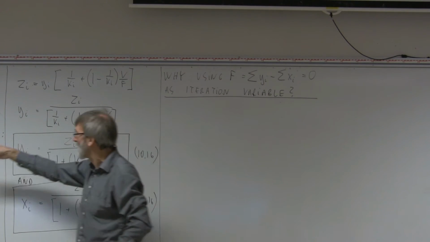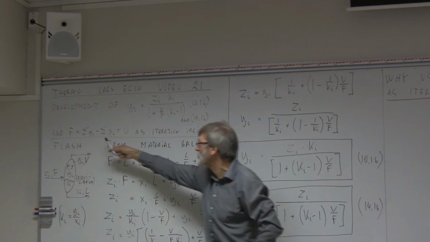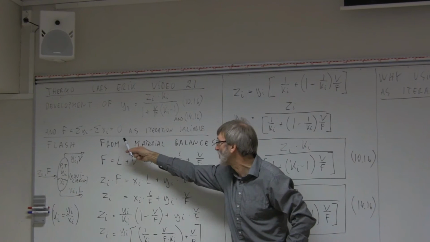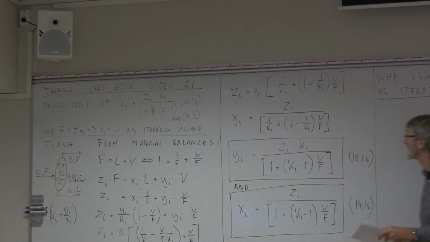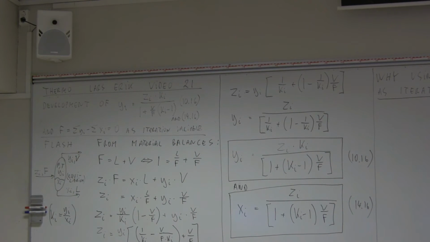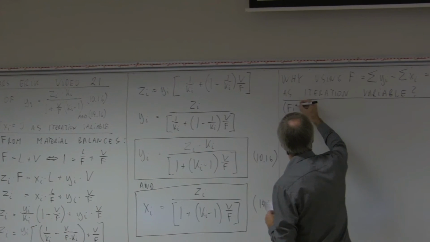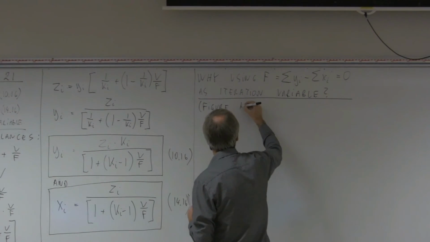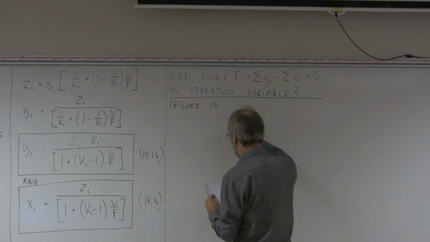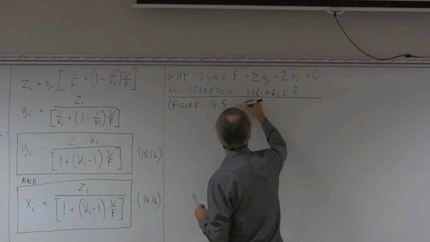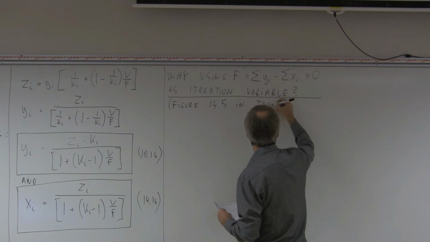The topic is that we use this function, the sum of y's and the sum of x's equal to 0, as an iteration variable. We can refer to figure 14.5 in the textbook.